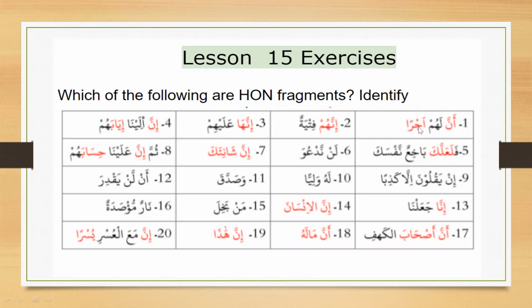So this is ismu anna, and this jumla would be jumla ismiya, because it starts with anna, a harf of nasb. Then this whole fragment is a harf of nasb fragment. Anna and ajran together form a harf of nasb fragment, though there can be words in between.